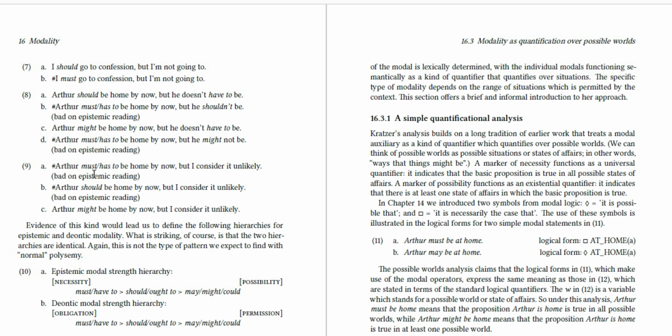Number 9: Arthur has to be home by now, but I consider it unlikely. No need to think too much about these sentences, but we need to think about whether a sentence is epistemic modal or a kind of deontic.